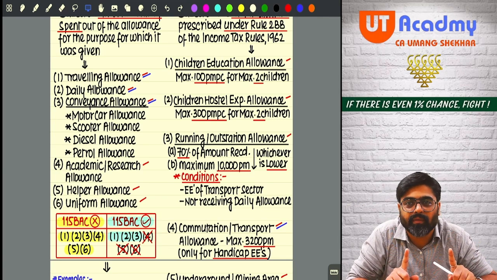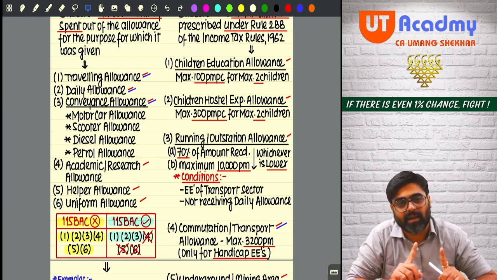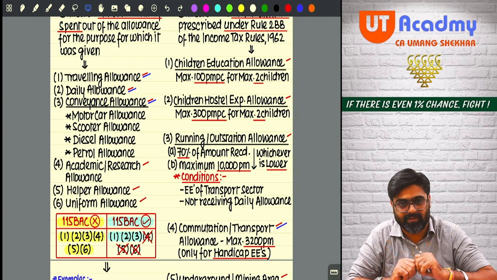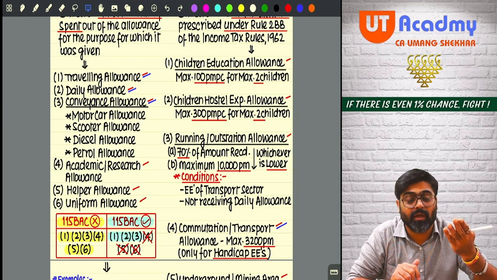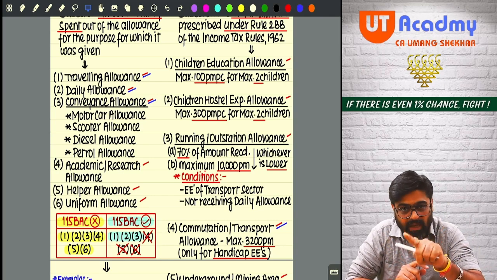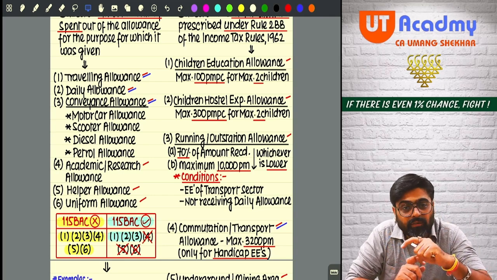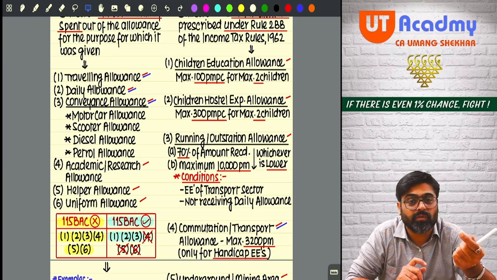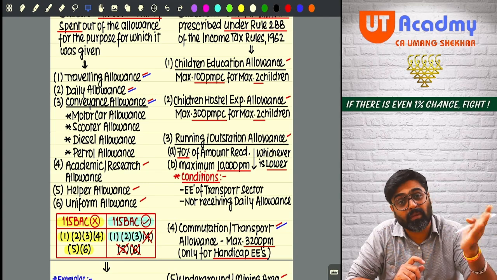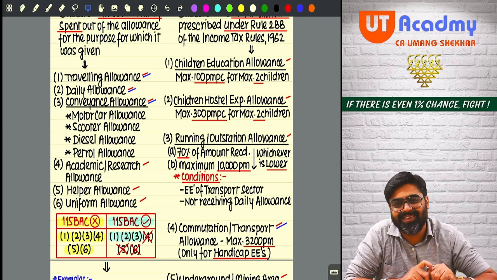Understanding? But wait. Tell me, the traveling allowance is given to meet the cost of traveling incurred in the course of employment. Whereas the conveyance allowance is given to meet the cost of repairing, petrol, diesel, etc., which might be incurred on the vehicle.